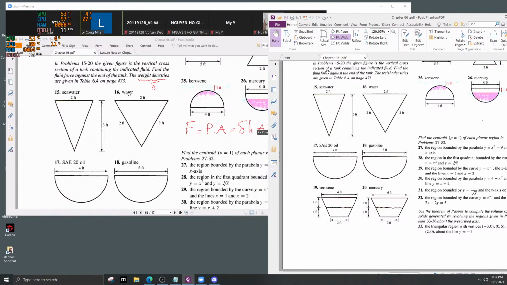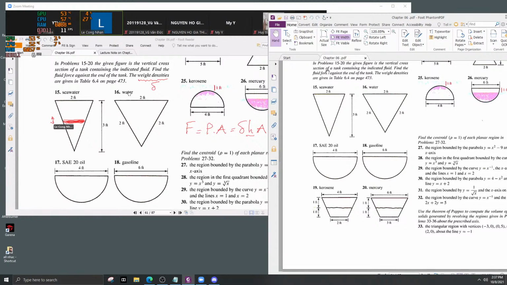We know this formula for a certain depth, but to find the total fluid force on one end of the tank, I will divide this end into many parts, each with a small change in the width.